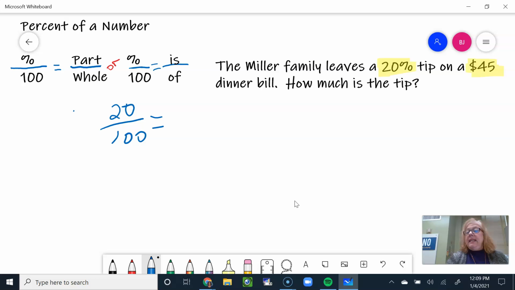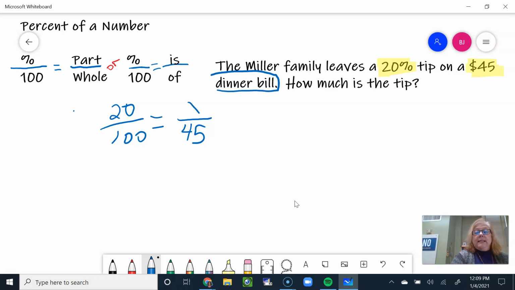We have to decide, is this $45 a part or is it a whole? Well, we're doing a 20% tip on a whole dinner bill, and we're trying to figure out how much that tip will be. So that $45 is the whole, because that's the price of the total bill. That's our total dinner bill, okay?